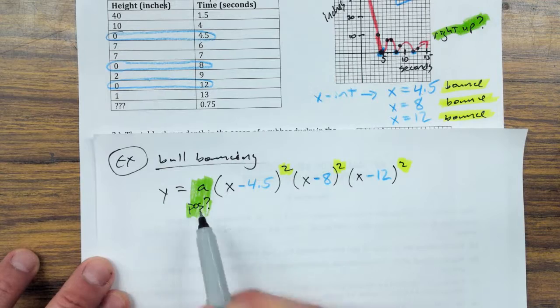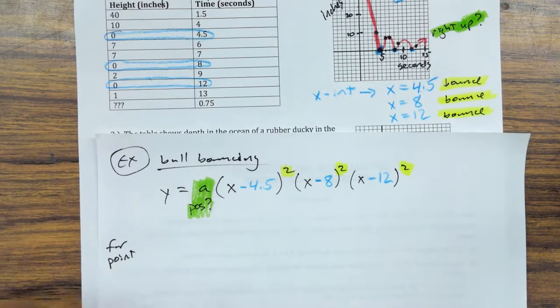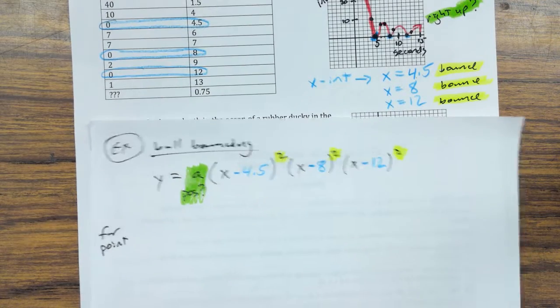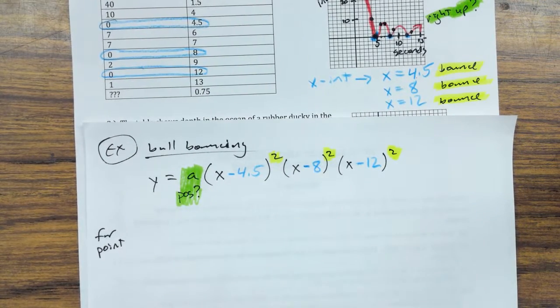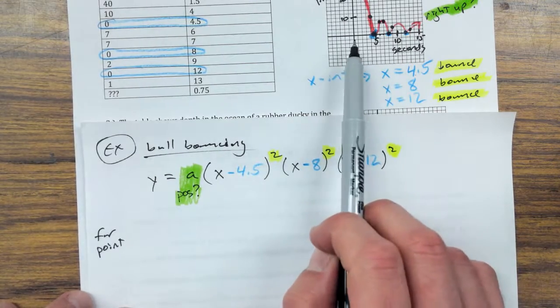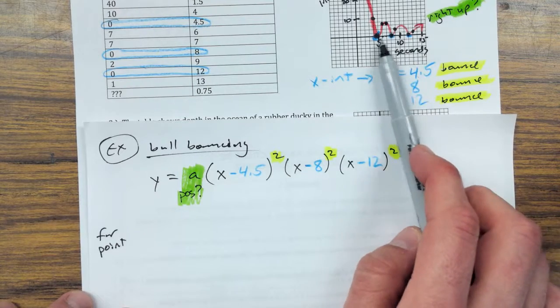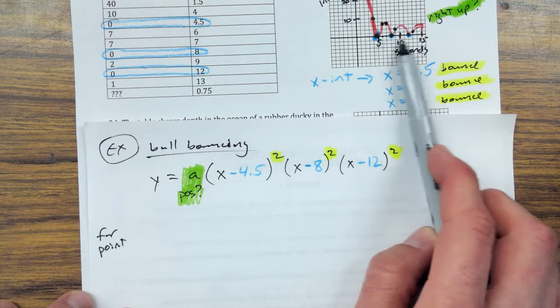How do we figure out what the A is? We have to go back and pick a far point, just like a quadratic. So, what is the furthest point in the picture so far? At the moment, these are all the x-intercepts.